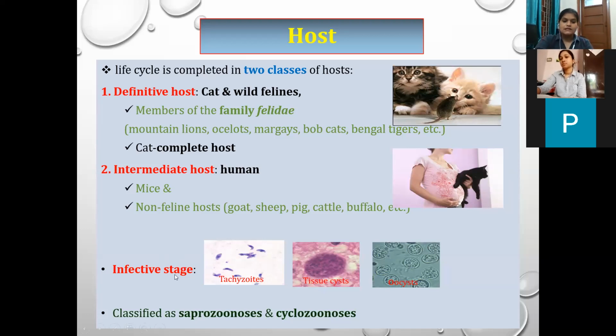Here you will see the infective stages by which anyone can get the infection. We'll discuss the different stages of this parasite later. First is the oocyst. The oocyst is excreted through the feces of the definitive host, the cat. Humans can get the infection by directly consuming oocysts through infected vegetation, or by consuming tissue cysts present in the muscles of food animals like sheep or pigs.